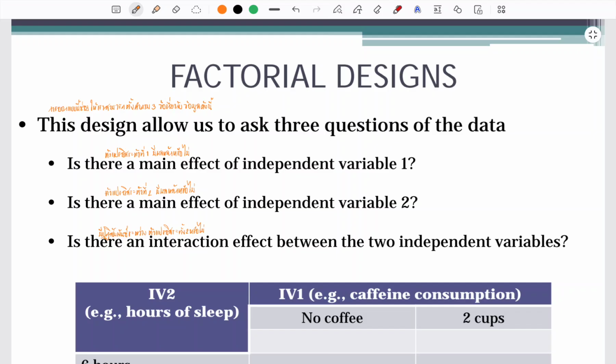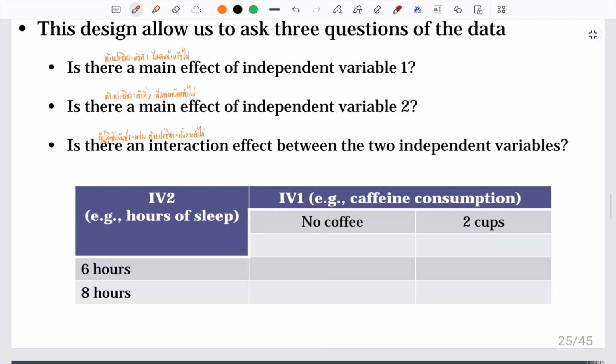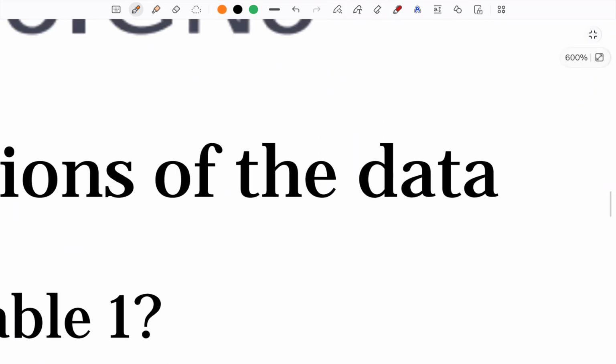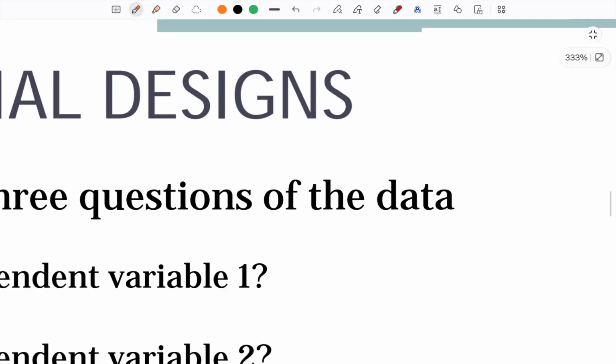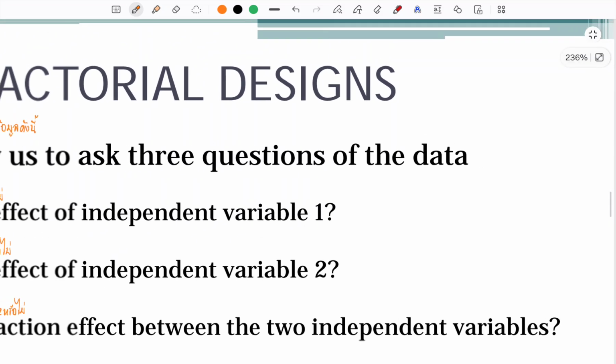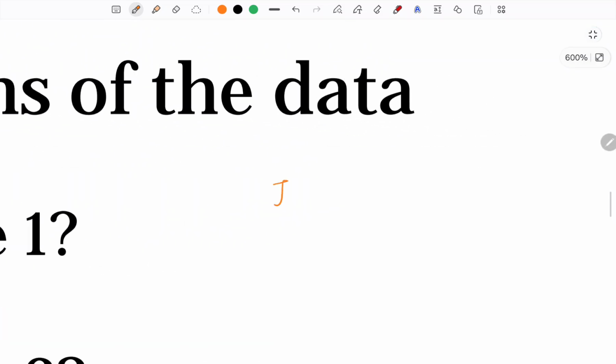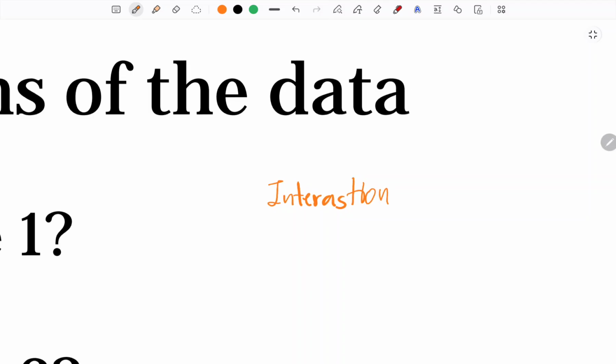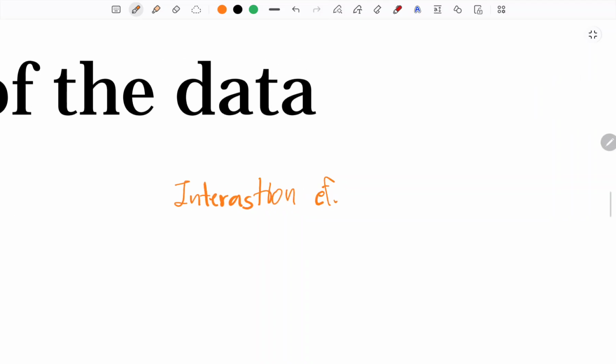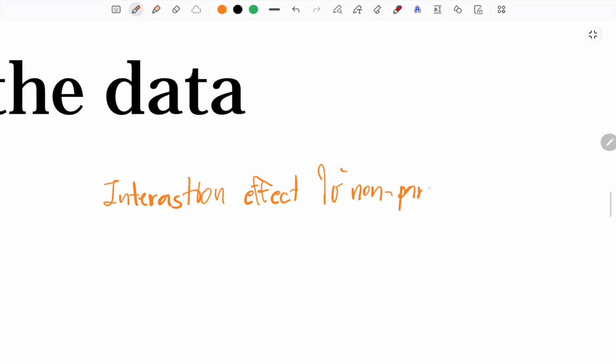If your data is normally distributed, you can use parametric statistics to analyze the interaction effect. But if your data is not normally distributed, you may not be able to use parametric tests. You have to use non-parametric statistics, which might be less powerful in detecting the interaction effect of both independent variables.